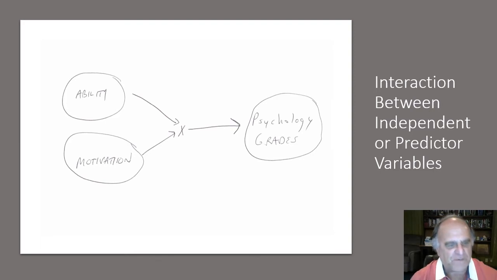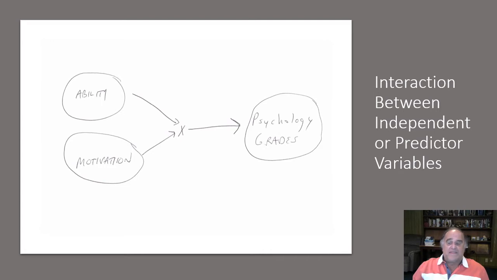So our first model is what I would call an interaction and not a moderator. For example, a lot of people argue that ability interacts with motivation to cause grades in a psychology class: that my ability doesn't matter if I'm not motivated. That's often seen as an interaction of ability and motivation.